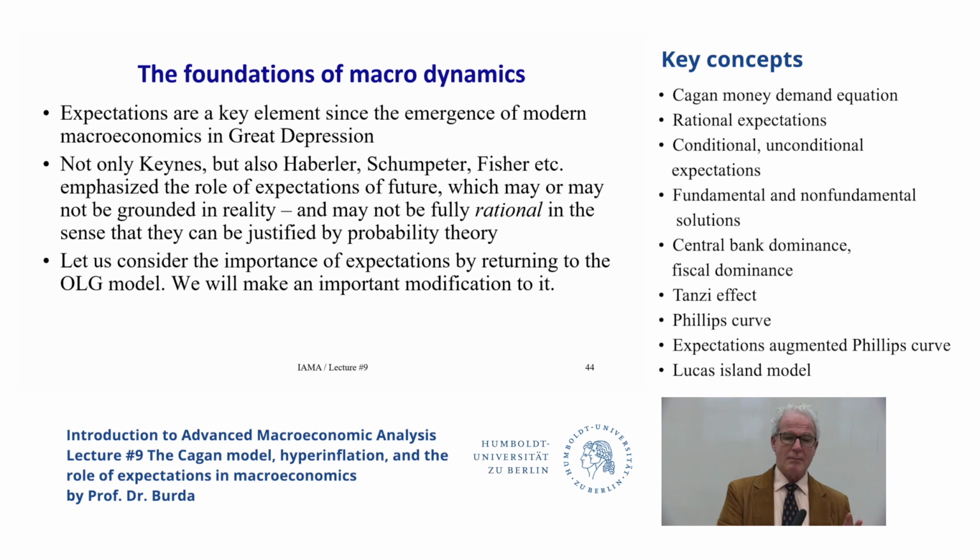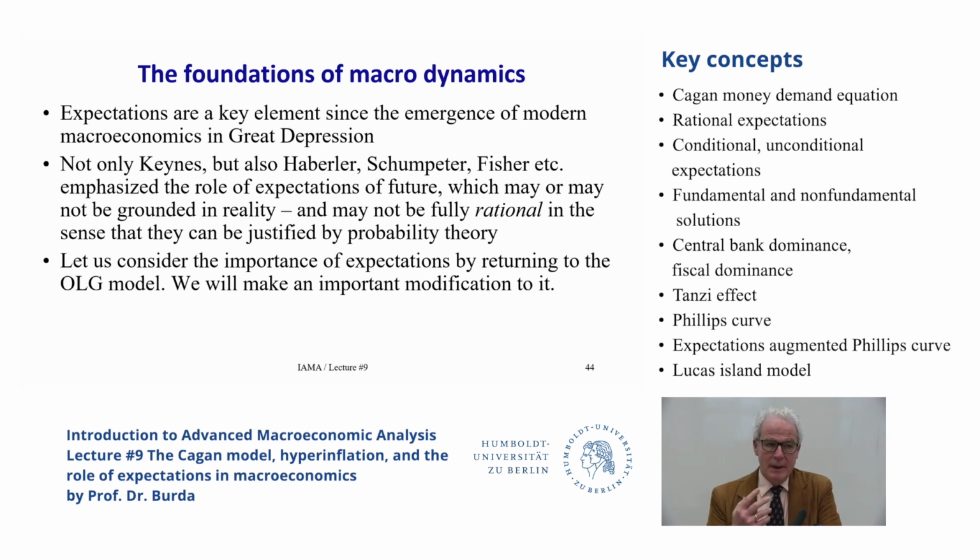So I'll make an important modification in that agents, when they're young, don't have a fixed endowment of the consumption good that they sell to the old people, but rather they have to work. And working means they have to supply their labor, and their labor is compensated at some wage rate, and this wage rate is nominal, so it's in terms of the money that they will use when they're older, and the price at which they purchase consumption today is also in terms of money.